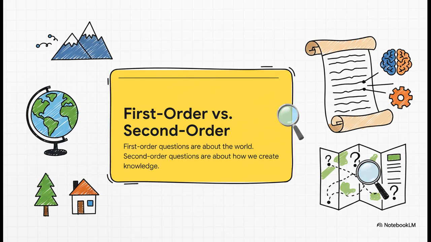But here's where things get really TOK, right? We're going to take a step back. We're shifting from just asking questions about the world, those are first-order questions, to asking questions about our knowledge. These are second-order questions. It's like, instead of just looking at the map, we're now asking, hey, who drew this map anyway? And why'd they draw it like this? Is this even the best map to be using?